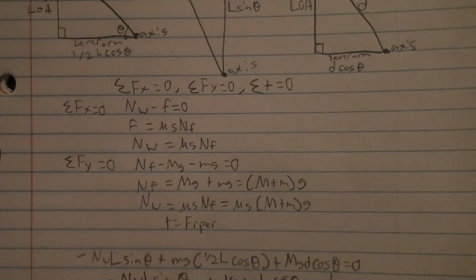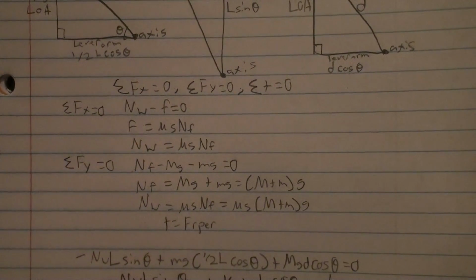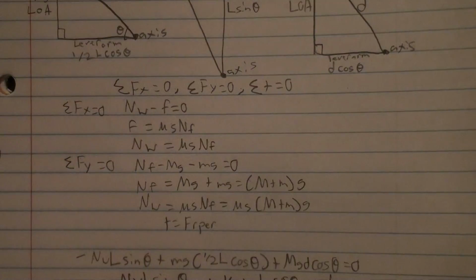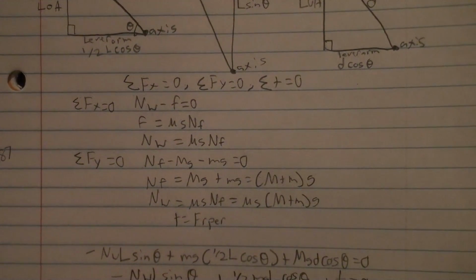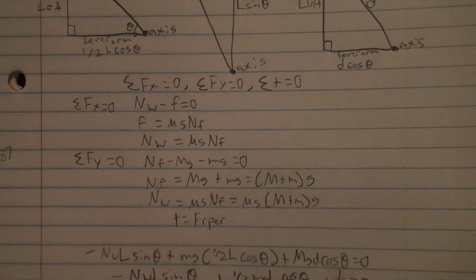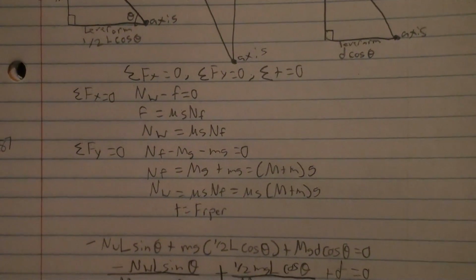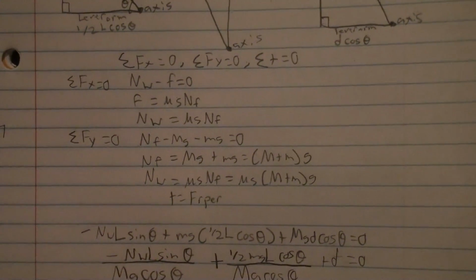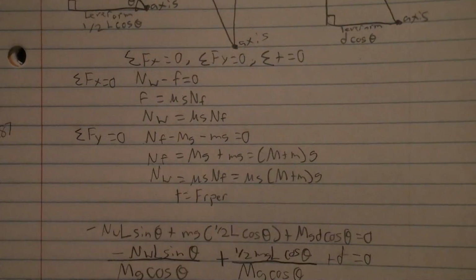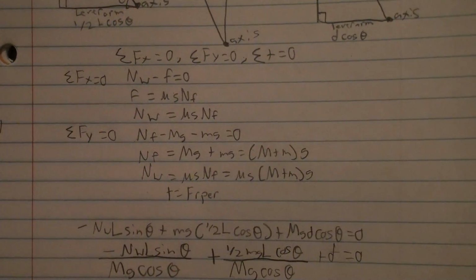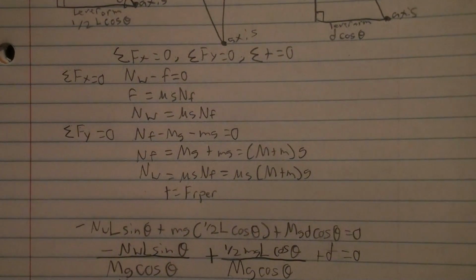Now I was able to find the other normal force: N sub W is equal to mu sub s times N sub F, which is mu sub s times capital M plus lowercase m times g. At this point I have expressions for the magnitudes of all the forces, but the only thing I don't know is the distance, which is the entire goal of this problem.